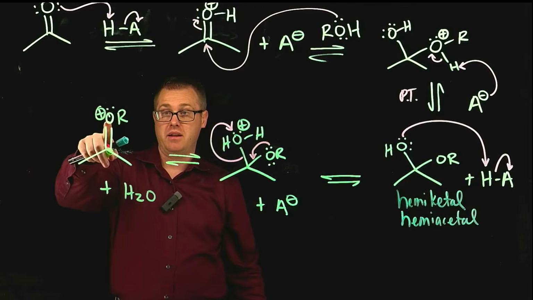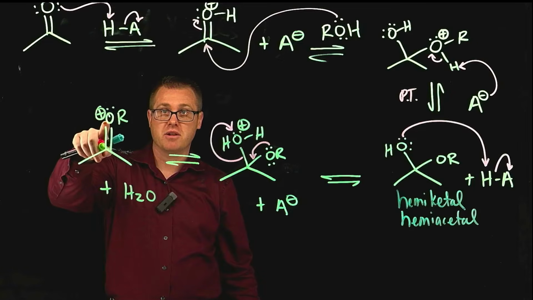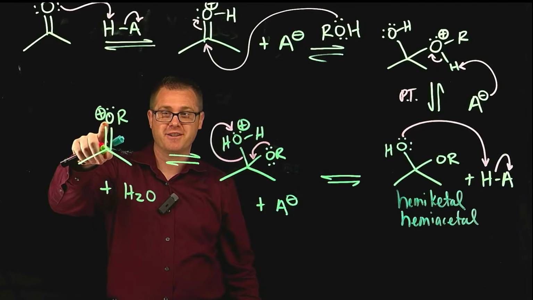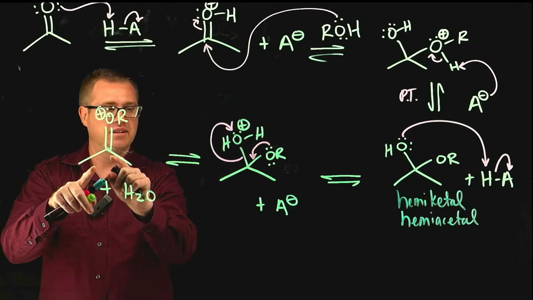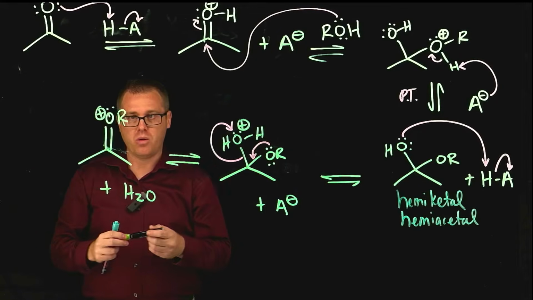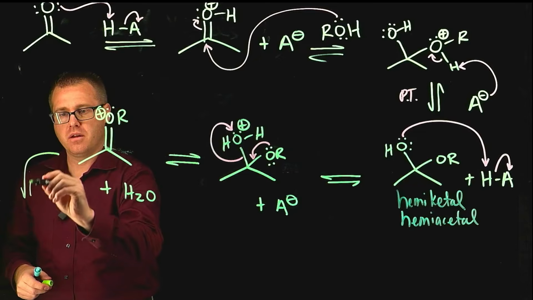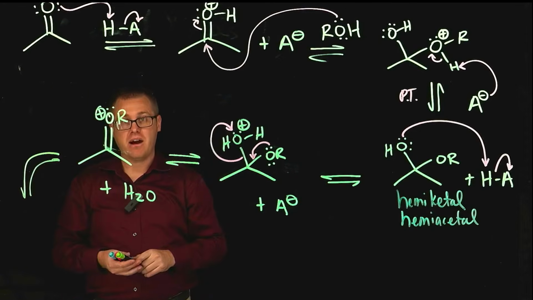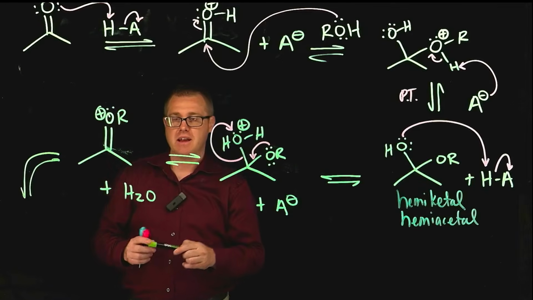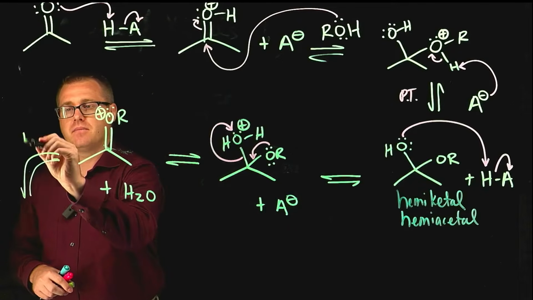Now the oxygen is positively charged. So what does that do to that carbonyl? It activates it. And so the second mole of alcohol now can come in and react with it.